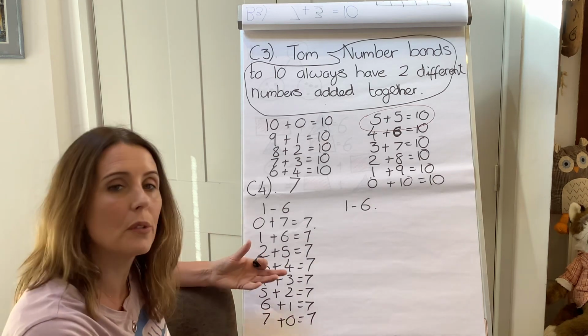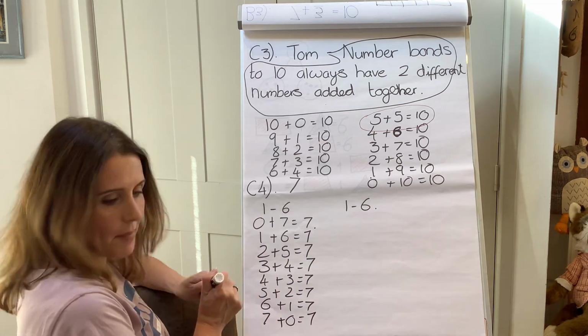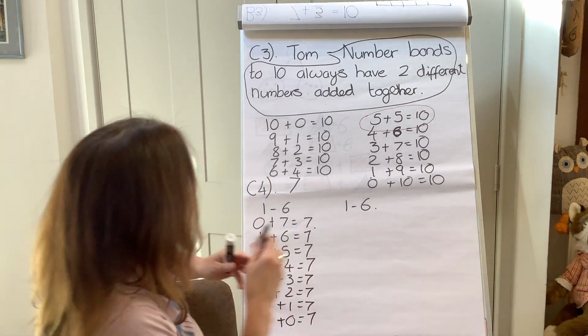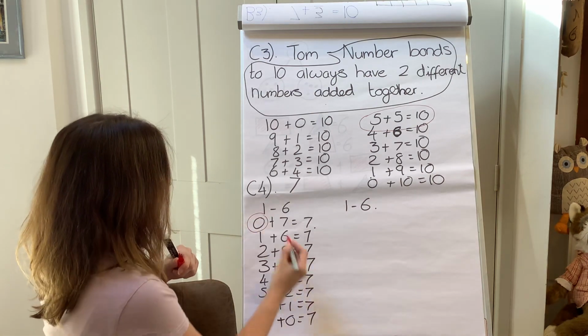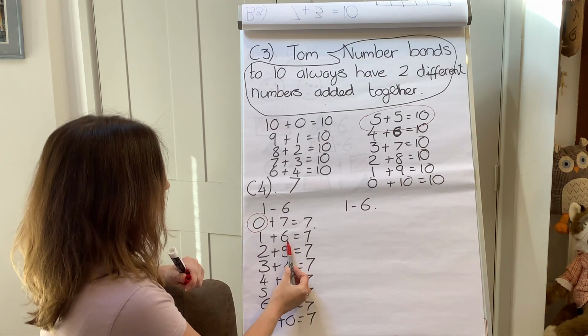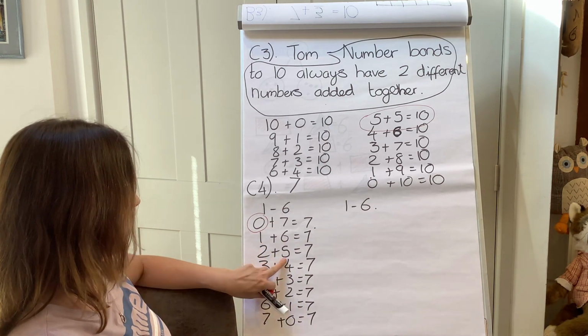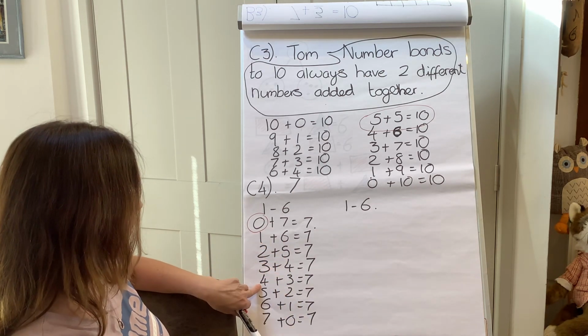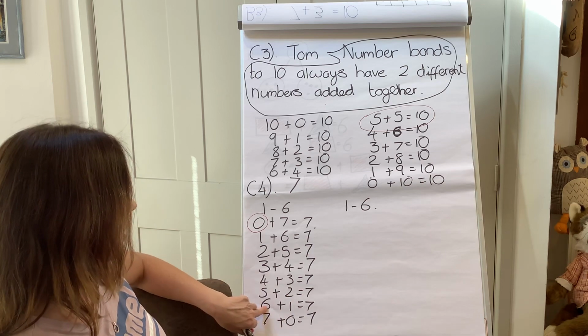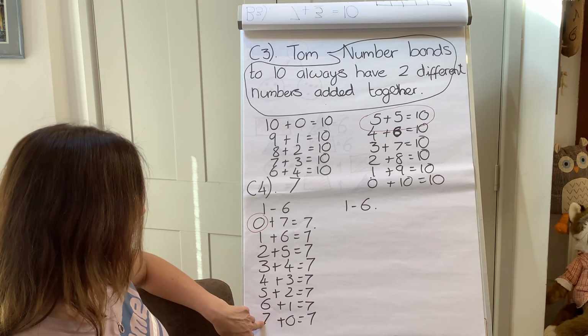So can we make all those numbers on a dice? Well, we can't make 0 on a dice, so that's not a possibility. We could make 1 and 6, we could throw a 1 on one dice and a 6 on the other. We could do a 2 and a 5, 3 and 4, 4 and 3, 5 and 2, 6 and 1.